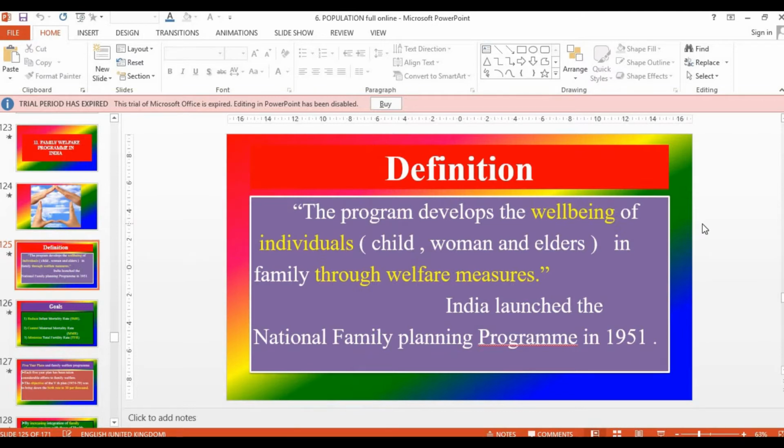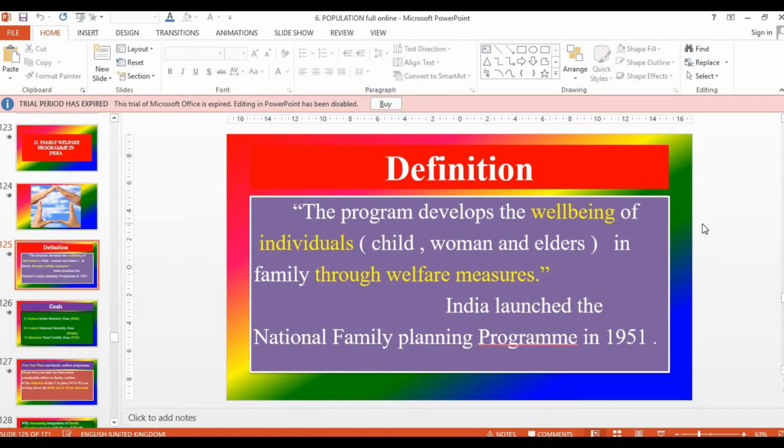Through family or through welfare measures. Examples: child welfare, women welfare and elderly welfare.